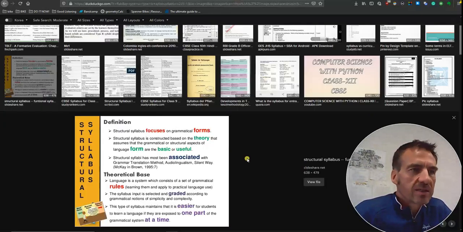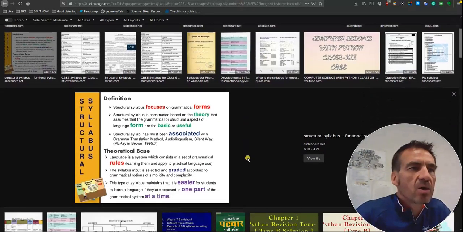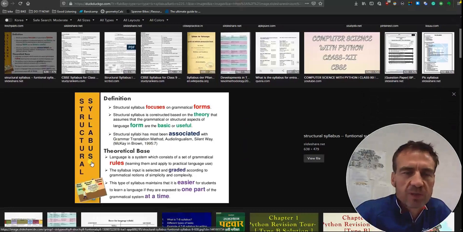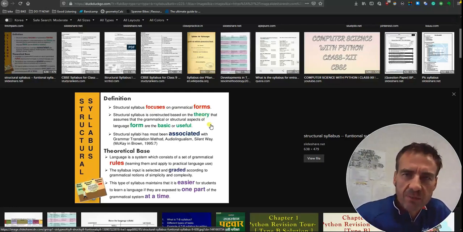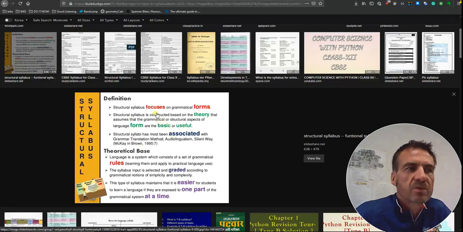Another way to look at it is something called a structural syllabus. So structures here are grammar structures. It focuses on grammatical forms, right? So is or are, going back to that one, she is, subject verb agreeing, they are, subject verb agreeing, they is, subject verb not agreeing. So that's the structural syllabus.